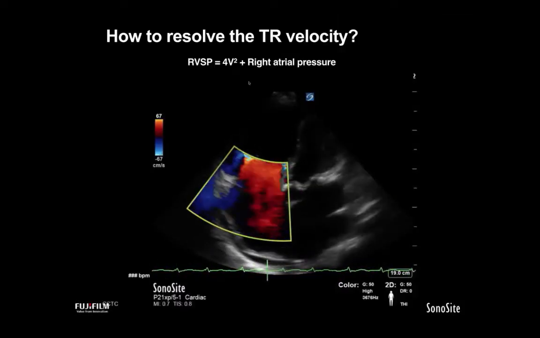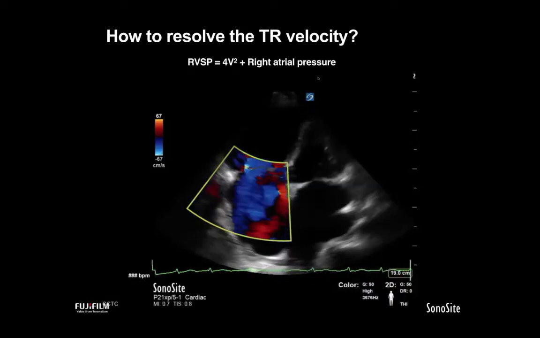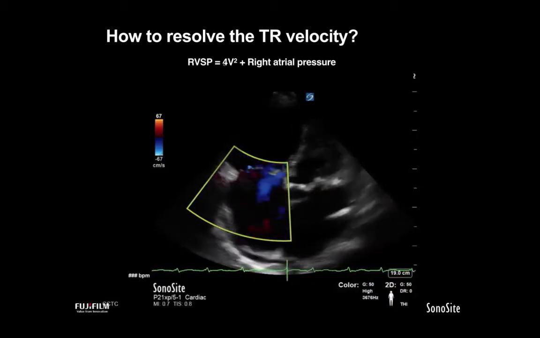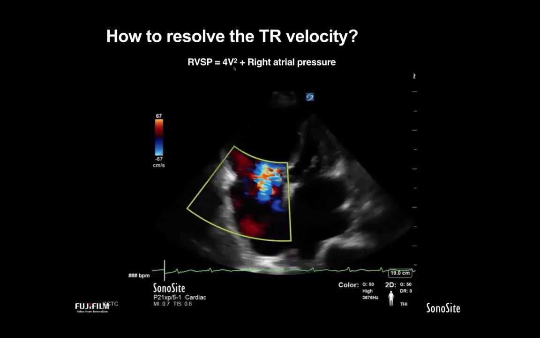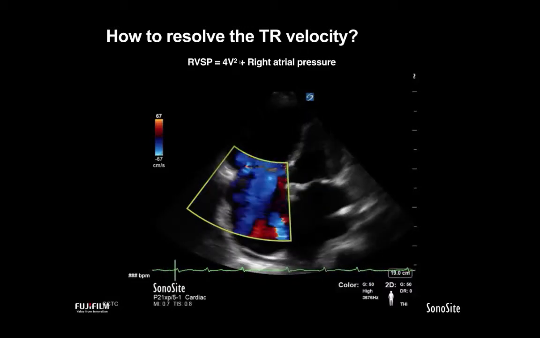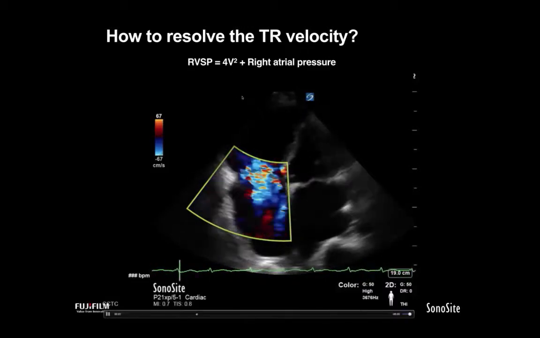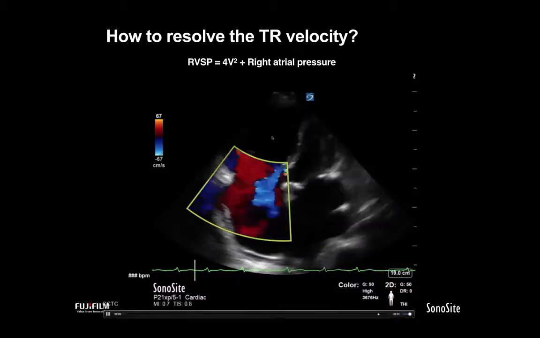So with reference to our RVSP determination, we've talked about right atrial pressure, but now we need to figure out how to resolve this part of the equation. That is the 4V squared, which again will tell us the pressure gradient between the RV and the RA.